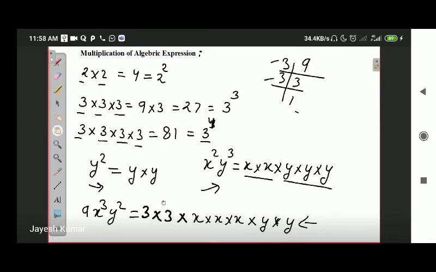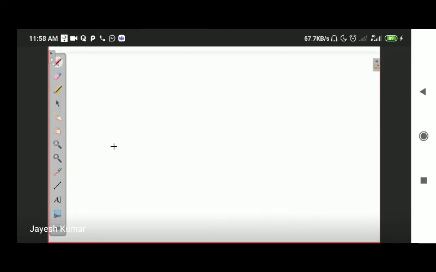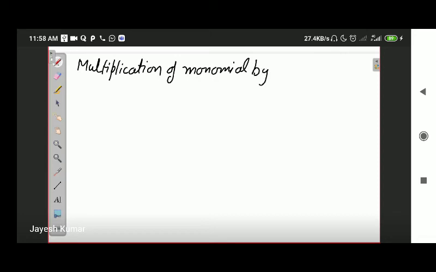So the first topic relevant to your multiplication is multiplication of a monomial by another monomial.